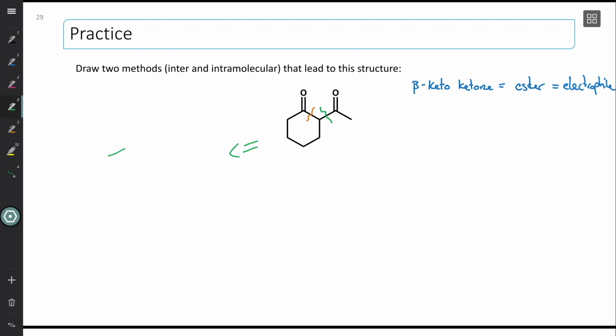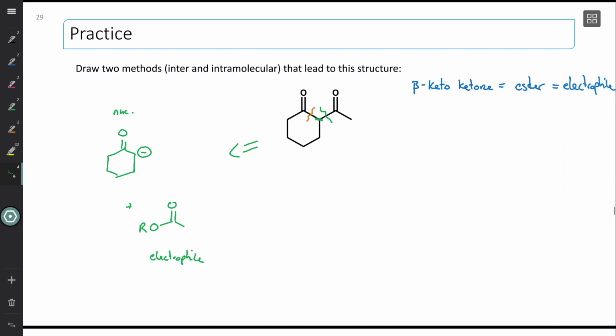So we would get this ketone as our nucleophile and this ester as our electrophile. If we split it up the other way, the orange way, we would open up this ring, right? Okay, so let's look at who is our nucleophile in this case.